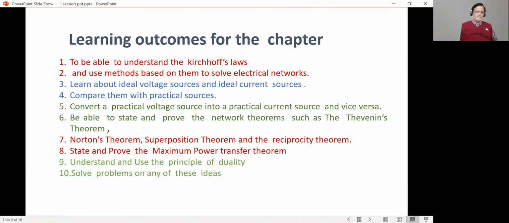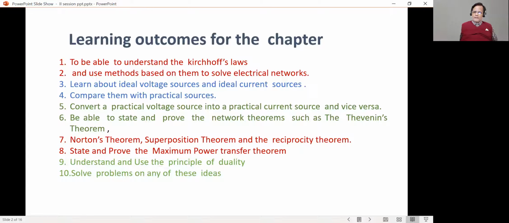Once we complete this chapter, we should be able to state the Kirchhoff's laws, use the branch current, mesh current, nodal voltage methods for network analysis, learn about ideal and practical voltage and current sources, their interconversion, be able to state and prove the various network theorems such as Thevenin's theorem, Norton's theorem, superposition theorem and the reciprocity theorem.